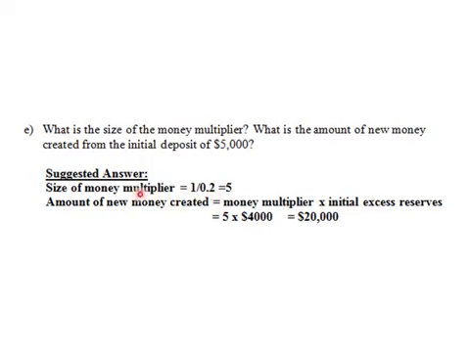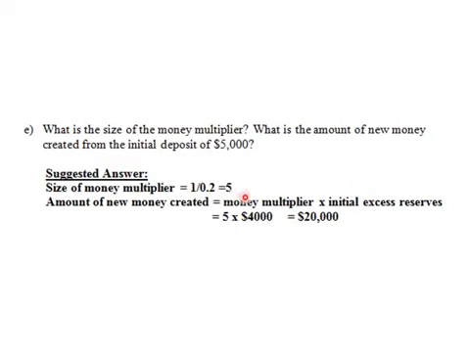Because it's a multiplier, you should not get a number that is less than 1, otherwise it becomes division. You should get a number likely more than 1. Sometimes there could be decimal points, but likely more than 1, so that it allows it to multiply. So use the percentage like a ratio. In this case, 20% becomes 0.2. So after you calculate the money multiplier, you know that there's some multiplying effect of 5 times.